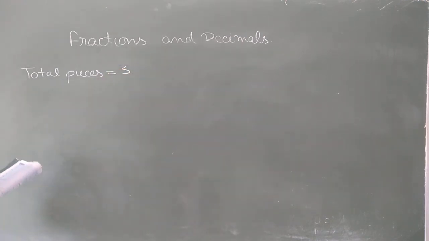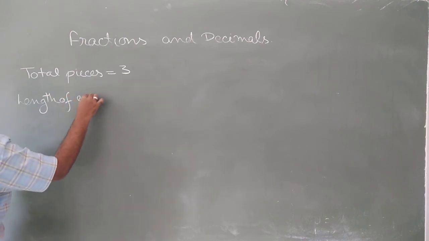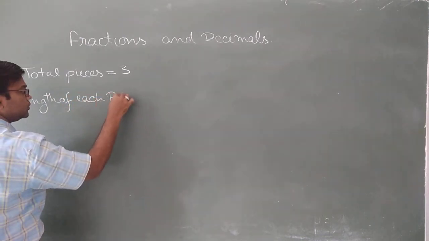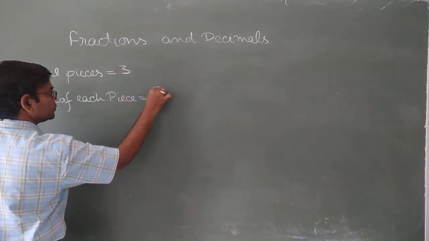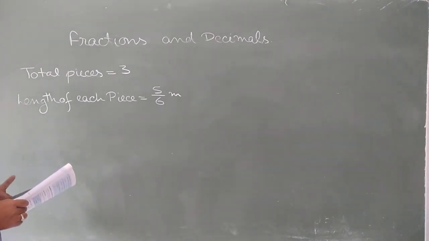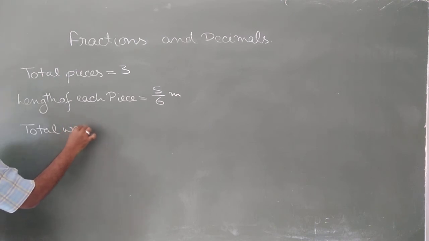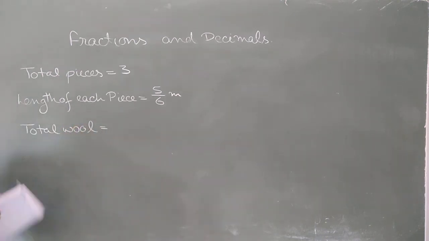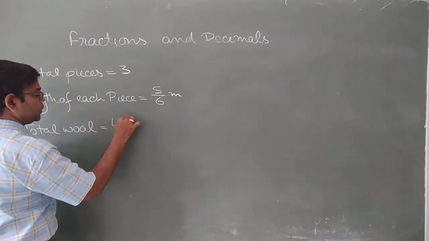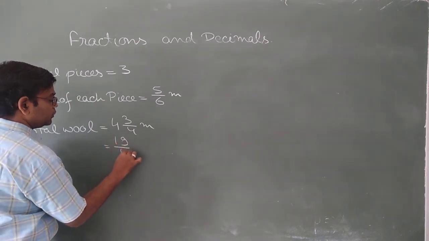Length of each piece is 5 upon 6 meter. She bought 4 whole 3 upon 4 meter, or we can write 4 4s are 16, 19 upon 4 meter.